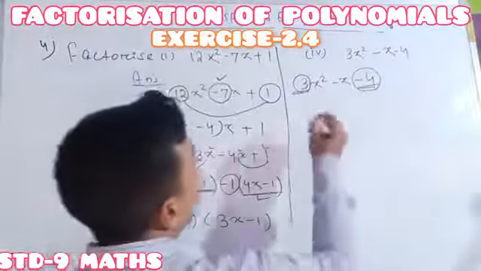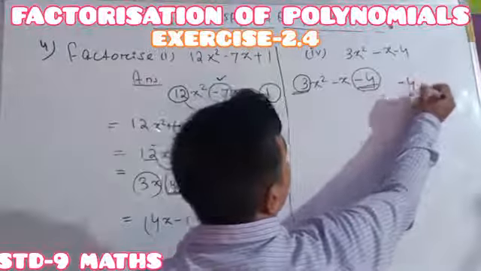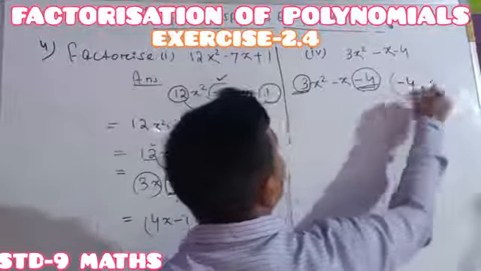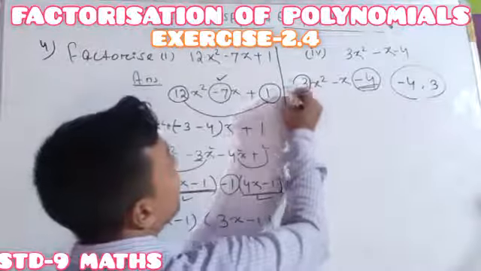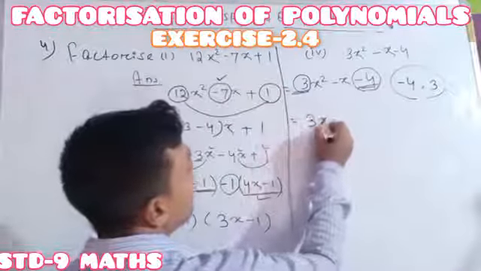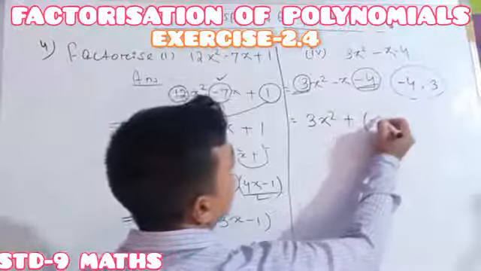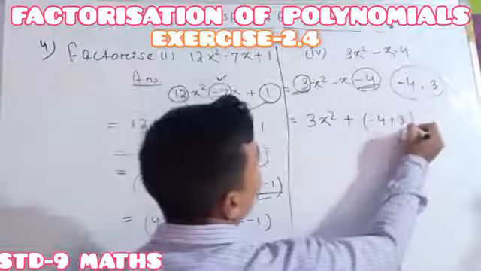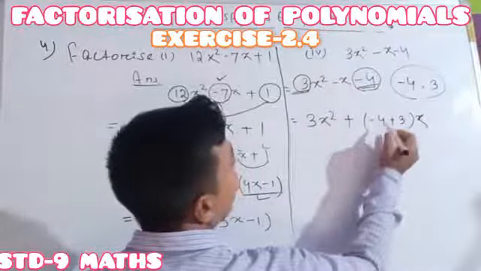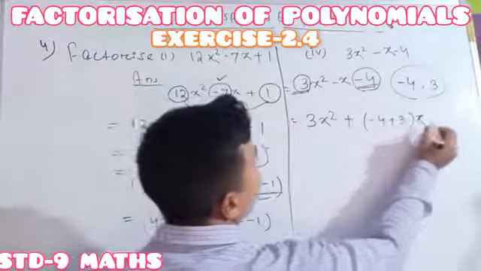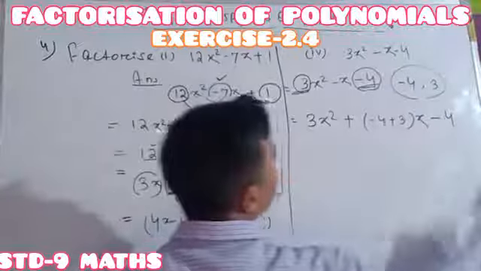One is minus 4, another one is 3. Roughly you have to remember, the next step is 3x². Directly I can write, otherwise one can write just like this: minus 4 plus 3 whole into x. Instead of minus 1, I am writing minus 4 plus 3 whole into x. Outside it is 4.